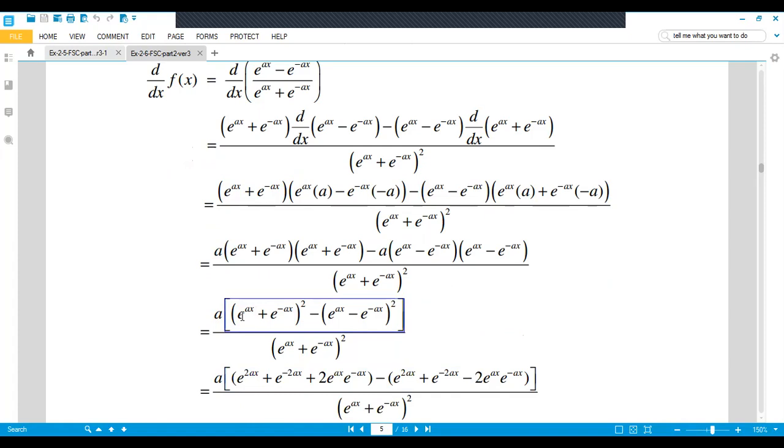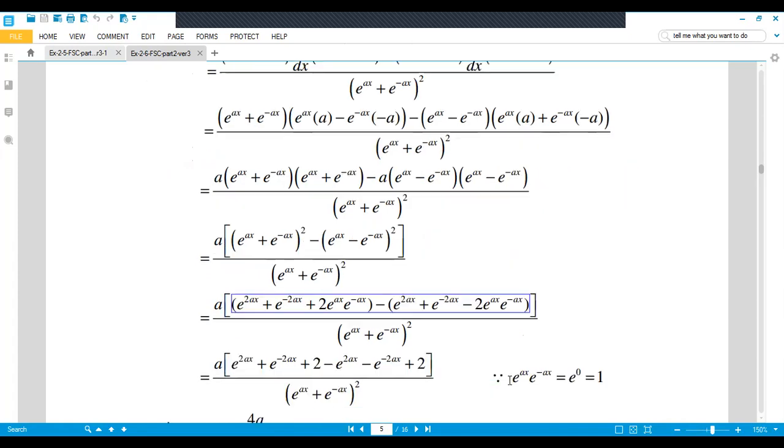So a square is e power 2ax plus e power minus 2ax plus 2 e power ax and e power minus ax, so it will cancel with each other. And similarly here, with the help of the a minus b whole square formula, you open it: the first term square and the second term square minus 2 into first term into second term.